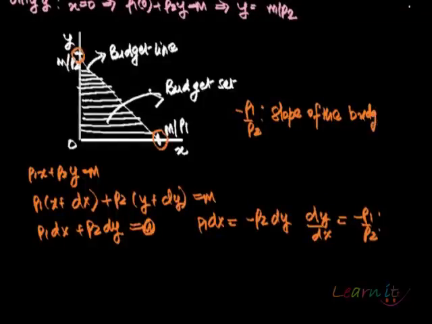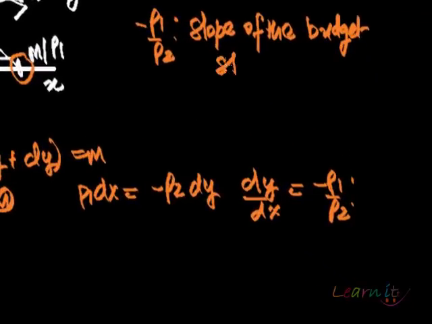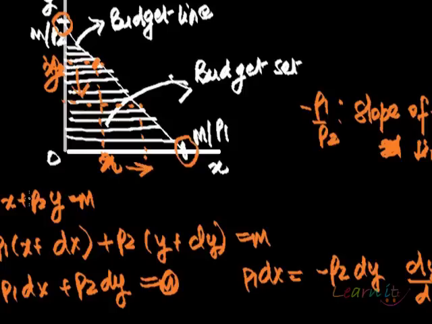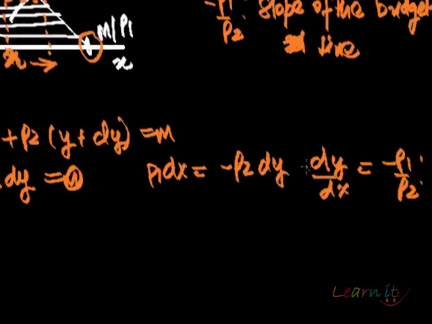Now the point is, why minus? Suppose you're at this point, where you have a certain amount of x and a certain amount of y. If you move to this other point, you have more of x, but you have to give up some amount of y. So dx and dy have to be of opposite signs, and hence this minus sign.